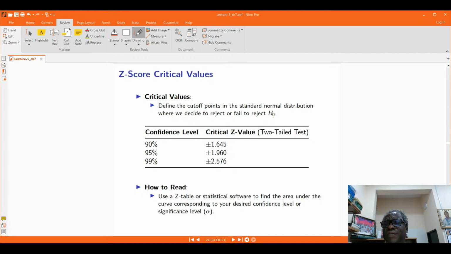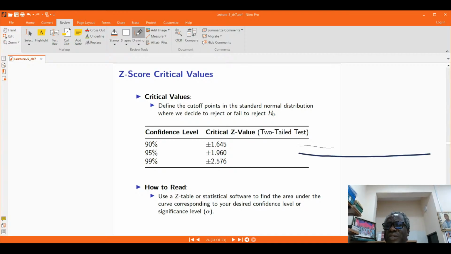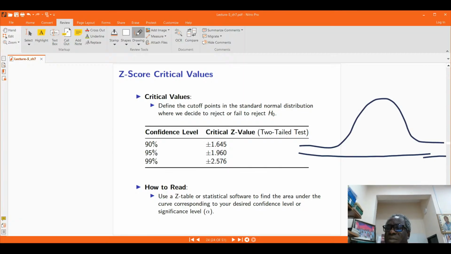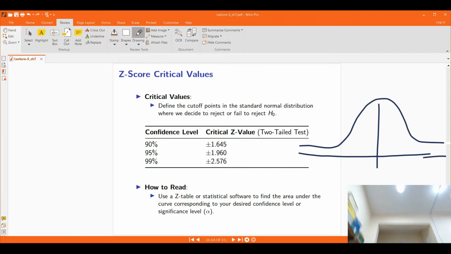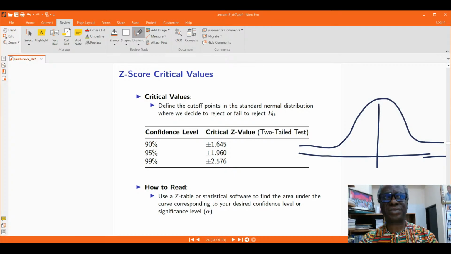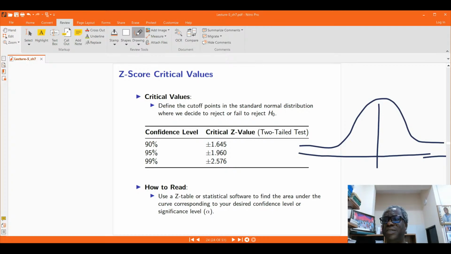For instance, if you have your plot, this is the center where you have the mean. You could have one standard deviation away from the mean, or two standard deviations away from the mean.